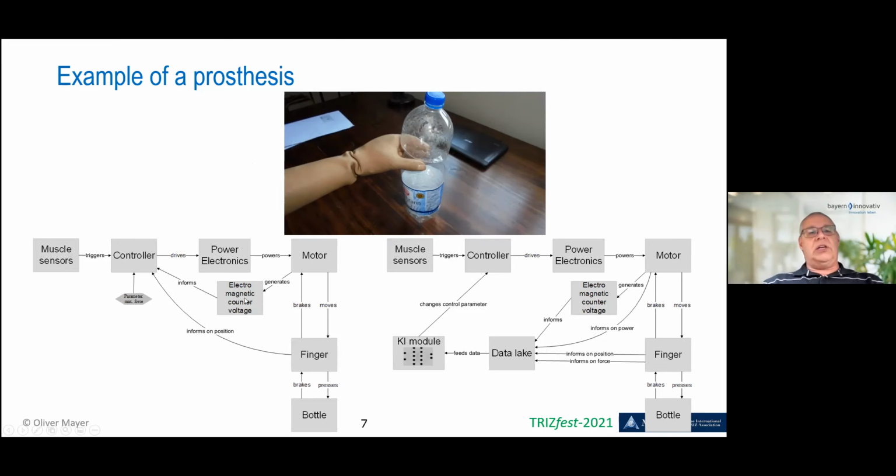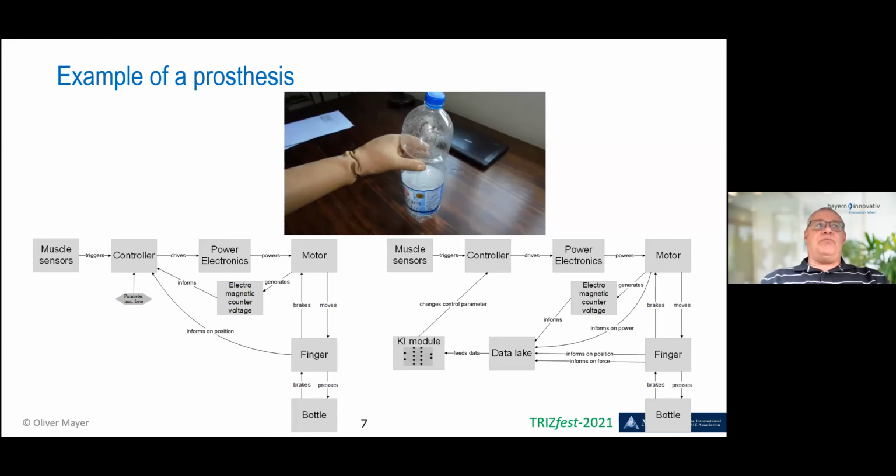The motor generates an electromagnetic counter voltage, which goes to the controller again, so that you get information about the force, and by this it can be controlled. The motor, of course, moves the fingers. Fingers brake the motors, and also fingers press the bottle, and the bottle brakes the fingers. And also information is given about where the finger stands.